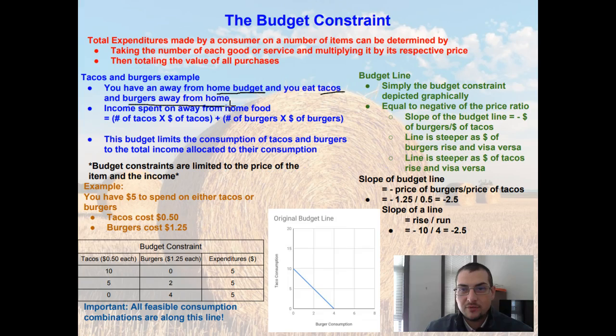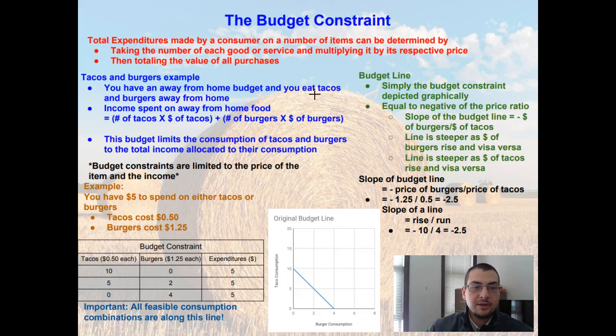You decide that whenever you're going to eat away from home, you're going to pay money to have somebody else cook food for you. It's either going to be tacos or burgers, and that's going to be your away from home food, and you have a specific budget tied to that away from home food. So how much money do you spend? What is the amount that you spend on away from home food?